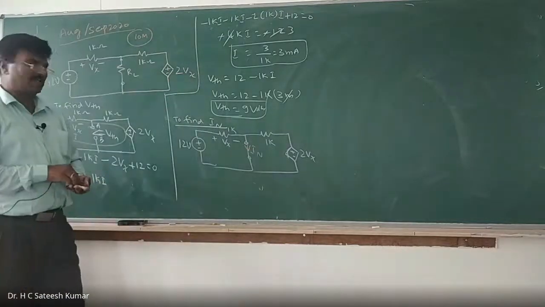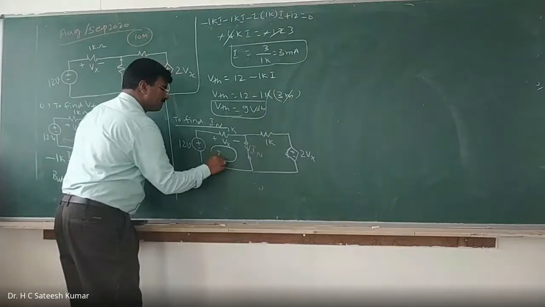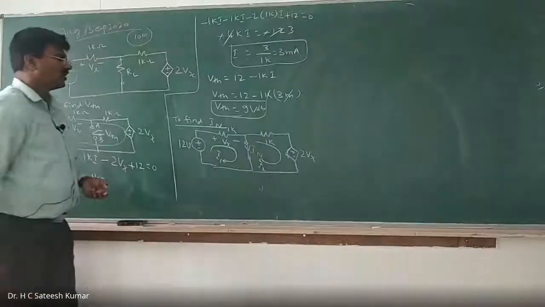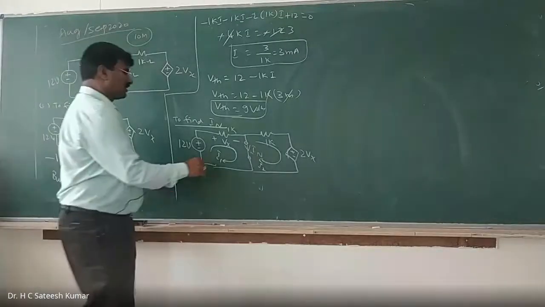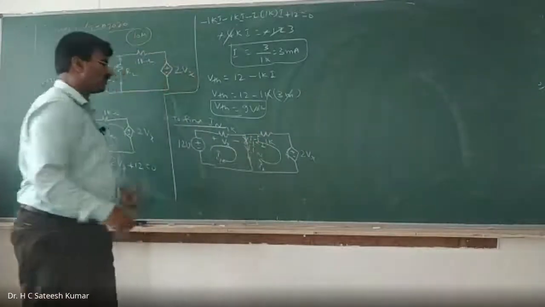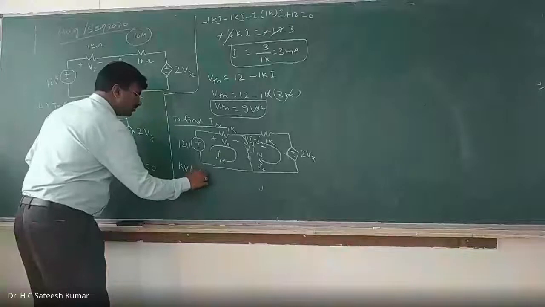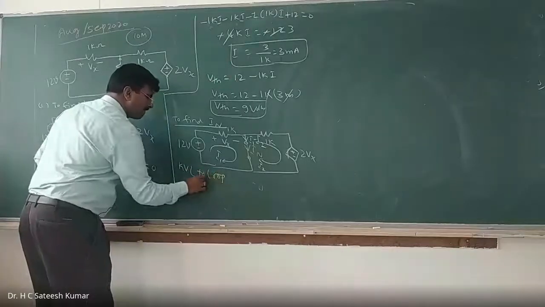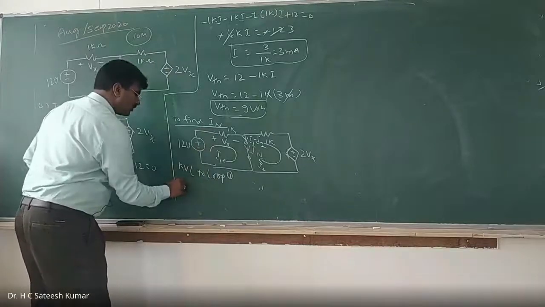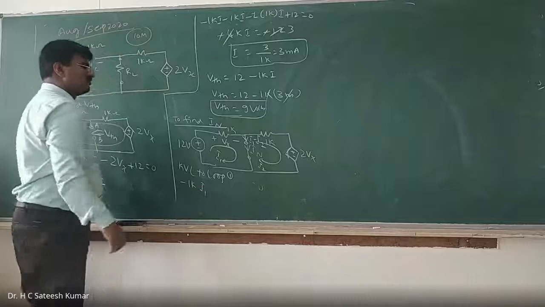Okay, right. Apply KVL. This is your I1. This is your I2. So this current is nothing but I1 minus I2. Now KVL to loop 1. Start from this point, minus 1K into I1.